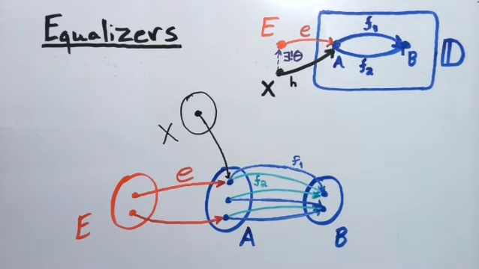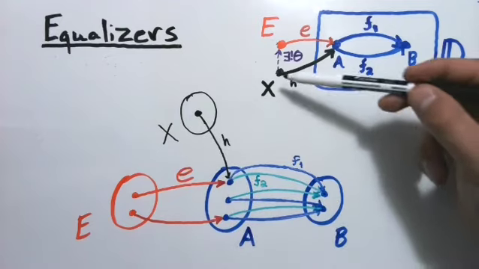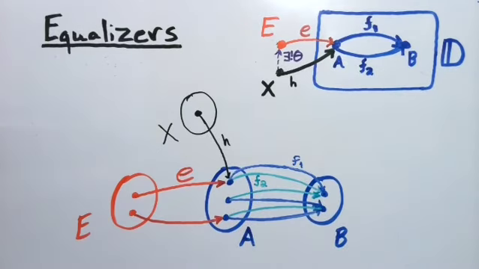So what we would need would be a unique morphism going from X into E, right, our theta here, a unique morphism going from X into E, call it theta, such that the triangle commutes, of course, so that we have H equals E after theta.